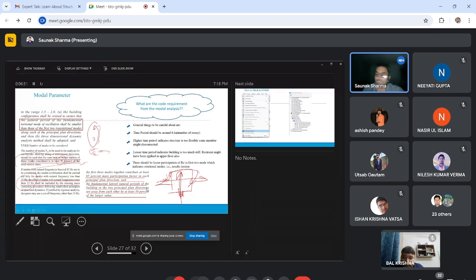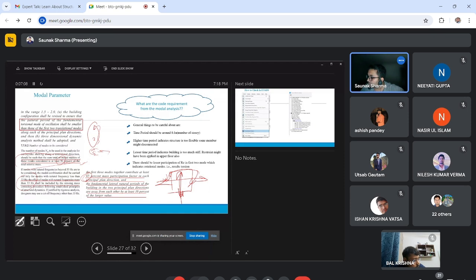And another is that the first three modes should combinedly contribute at least 65% of the mass participation. We'll see the table, then we can visualize that part later.